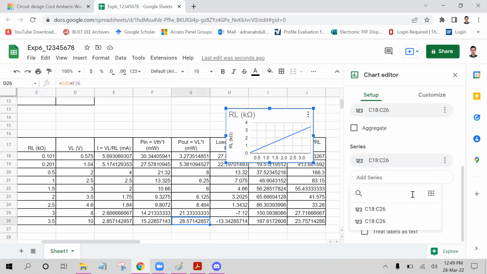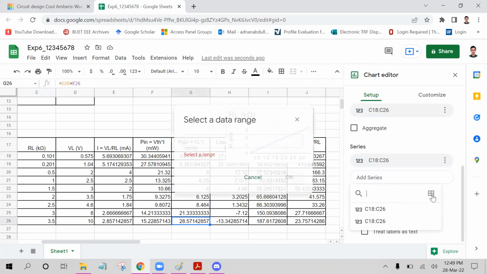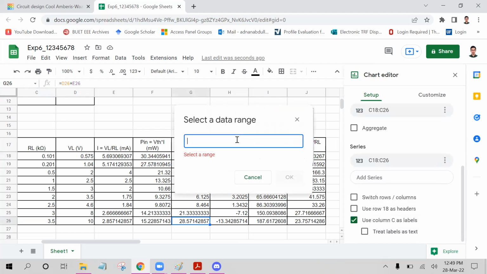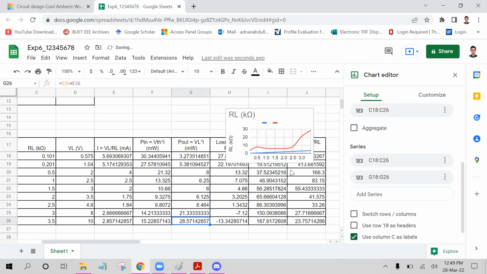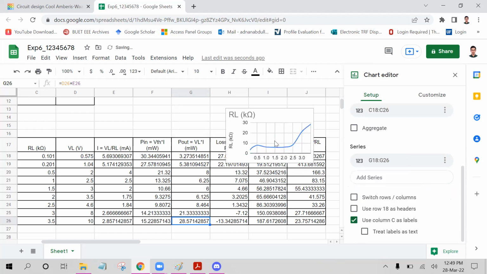Okay, so in add series option, I cannot see that in the suggestion, so I'm going to select data range G18 to G26. That's it. Okay, the C18 series are already plotted, we do not need it, so I'm going to remove it. So this is your output power plot.